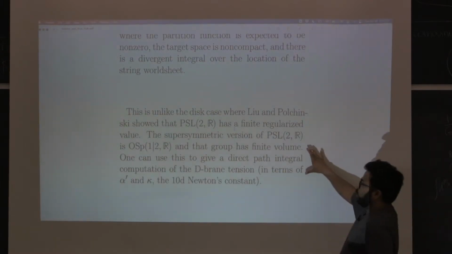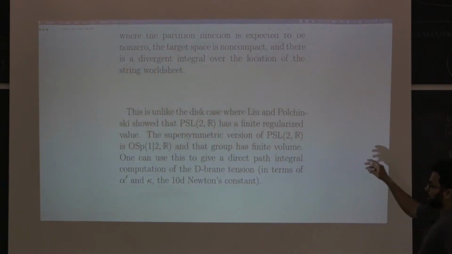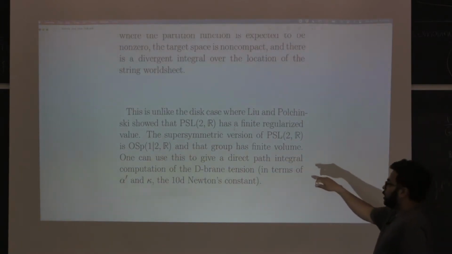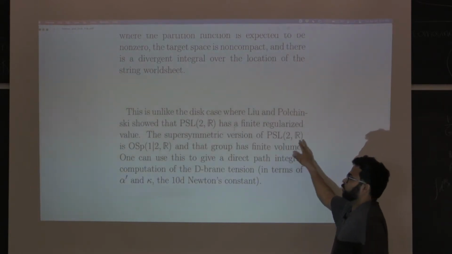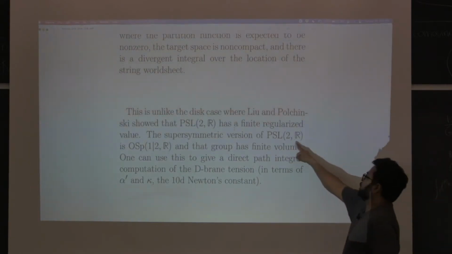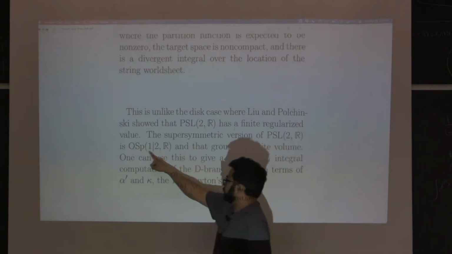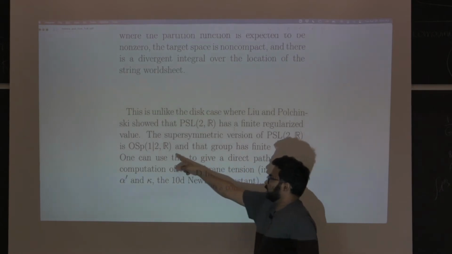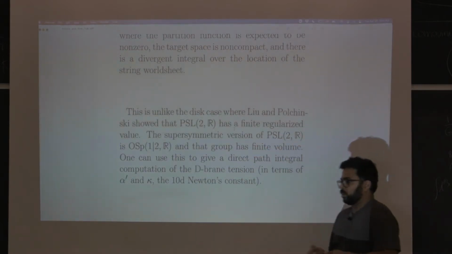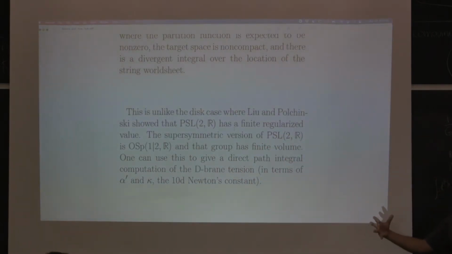But the point of this comment is that the sphere is a little bit more finicky than the disk, because this is something I believe is true: if you go to superstring theory, then this PSL2R gets promoted to a super version of PSL2R. Don't worry about what it is, but whatever it is, it has finite volume, because the infinity coming from the bosonic directions is infinite, and the fermion directions give a 0.